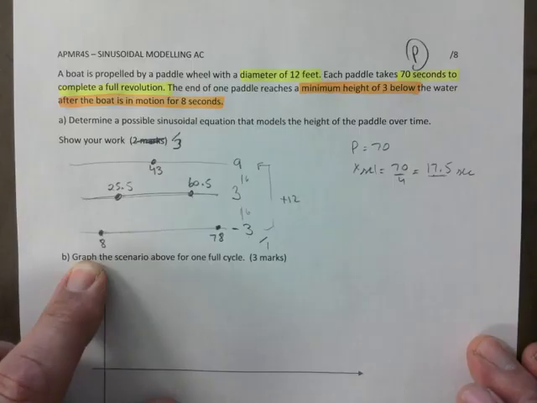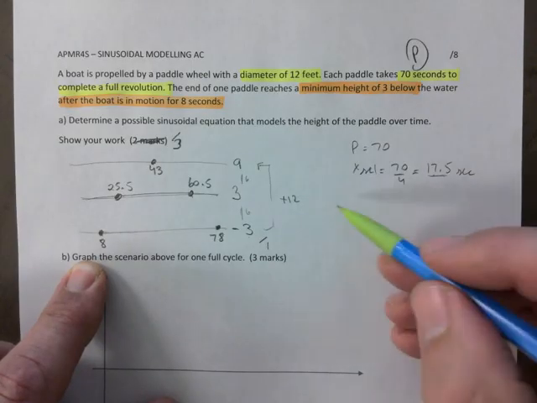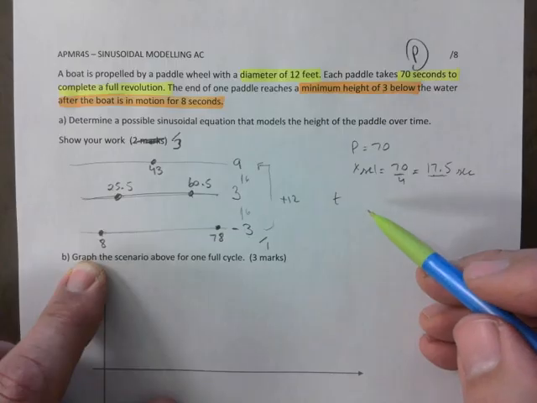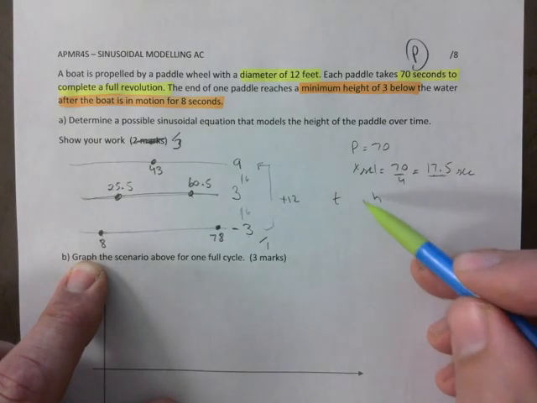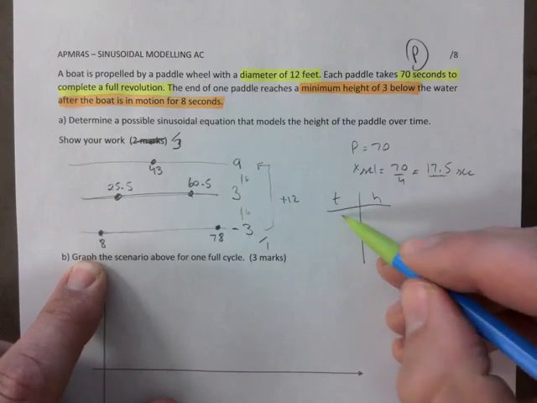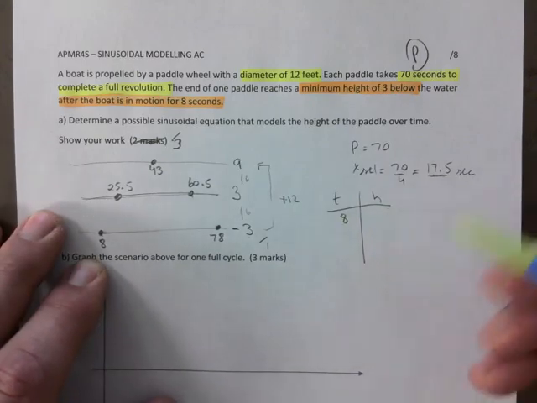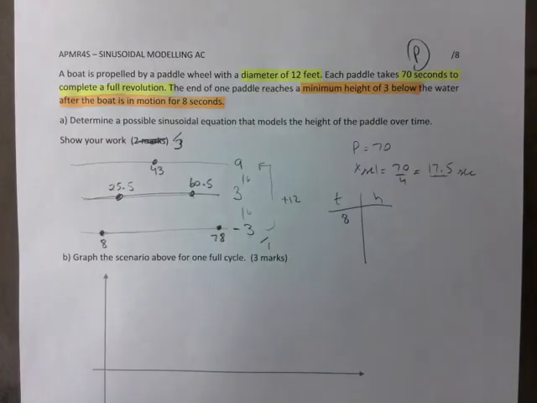Okay? All right, so let's do our time and height. It's probably a good idea to do this, 8, and so forth. I'm just going to show you the key at this point. I think coming up with those numbers is important.